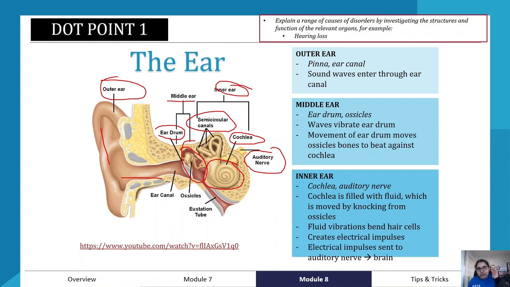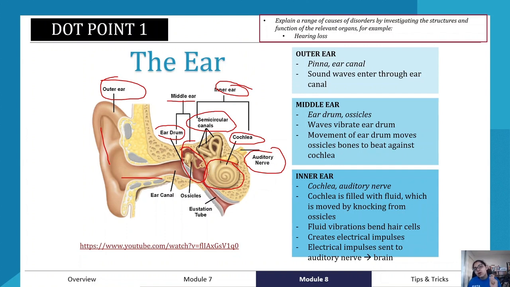So what happens is once those ossicles, these things here, beat against the cochlea, which is filled with fluid, that fluid is moved, and those fluid vibrations will cause bends, and will cause the hair cells in the cochlea to move.